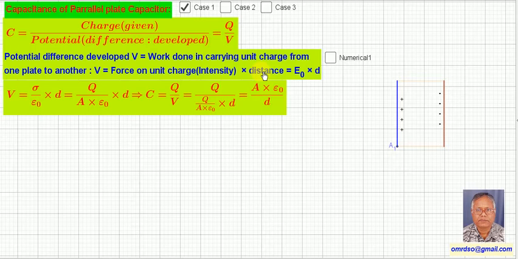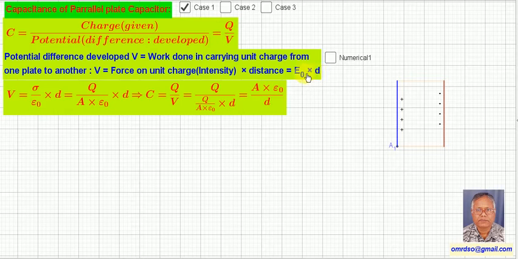So the force acting on a unit charge is known as the intensity in vacuum, that is E0, into d. And you know V is equal to force into distance. The force is E0 and the distance is d.